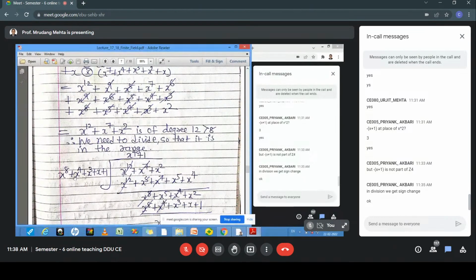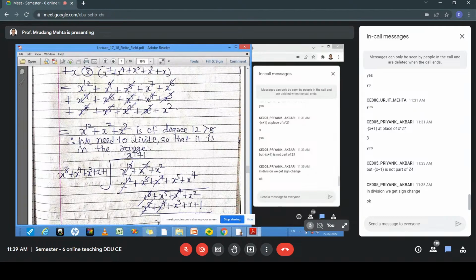Here we have x^12, so we multiply by x^4: x^12, x^8, 4 plus 4 is 8, 4 plus 3 is 7, 4 plus 1 is 5, and 0 plus 4 is x^4.